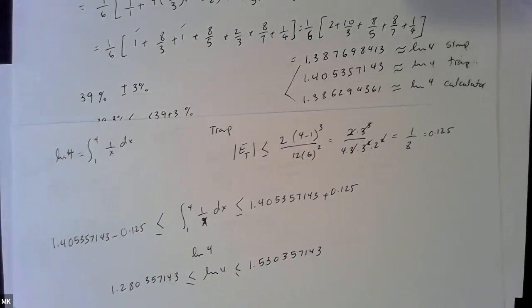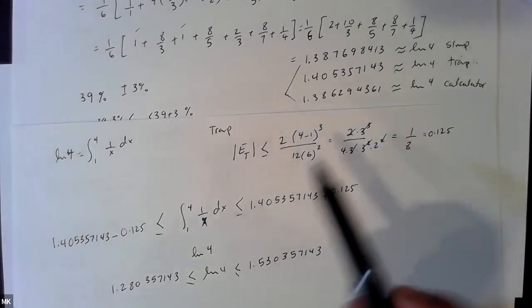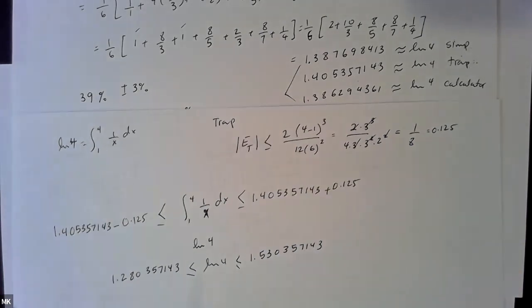And of course, the actual value, which was closer to 1.3862, does fall in between these two bounds. Obviously, the bounds are pretty wide.